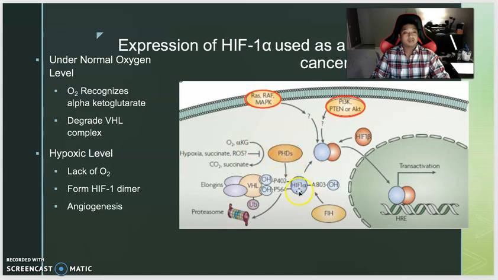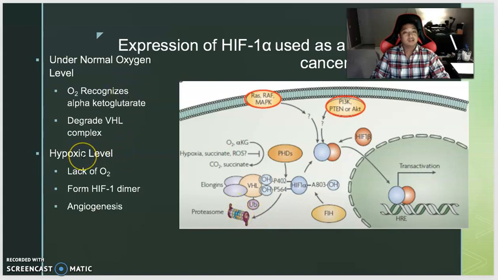In the presence of HIF1 alpha, it will hydroxylate that, forming a binding site for the VHL complex to bind to and subsequently bind ubiquitin. What ubiquitin does is it tags it for degradation via the proteasome.